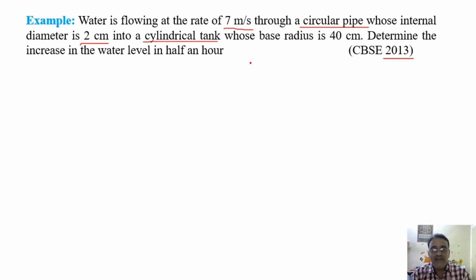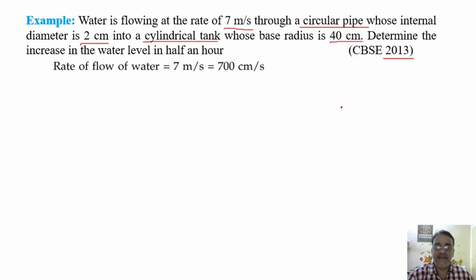Circular pipe, the internal diameter is given, and if we fill the water through the circular pipe, that will take a shape of cylinder, and base radius of the cylindrical tank is given 40 centimeter, and we have to determine the increase in the water level in half an hour. So first of all, speed, the rate of flow of water is given 7 meter per second, and in centimeter we have to multiply with 100.